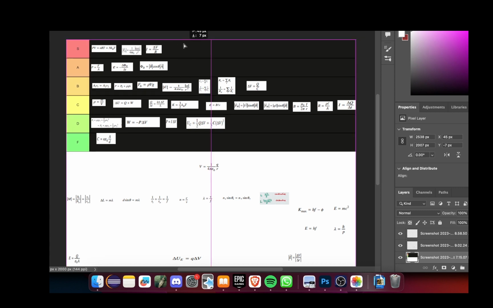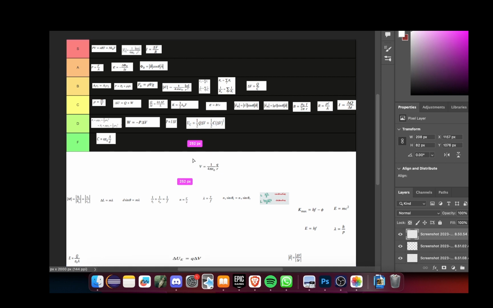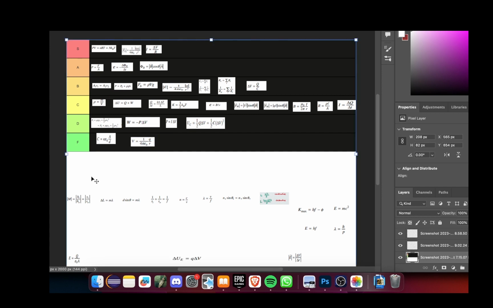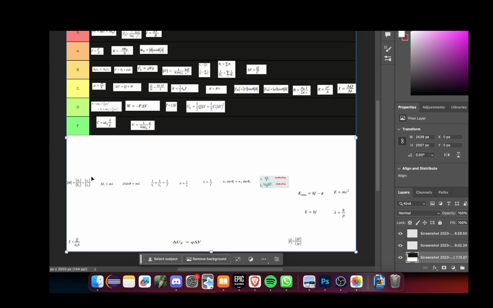So again, I feel like this is an F tier equation. It just doesn't get brought up. And it's so similar to some of the other equations. If we look at the strength of the electric field equation, it's very, very similar, except that on that equation, I'm pretty sure the R is squared.